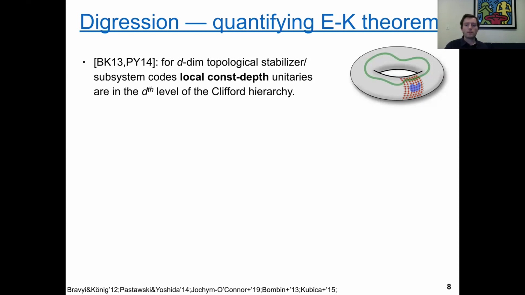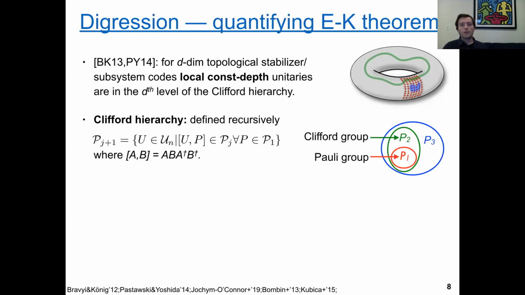To unpack the second part of the statement, I need to tell you what the Clifford hierarchy is. The Clifford hierarchy is defined recursively. The first level of the Clifford hierarchy consists of Pauli operators, and the second level consists of Clifford operations.